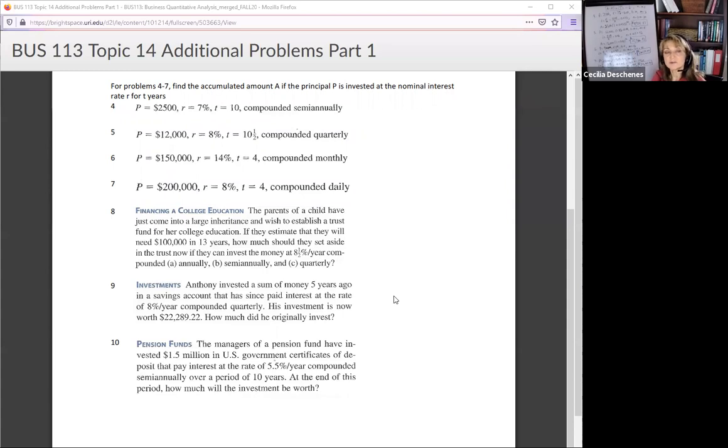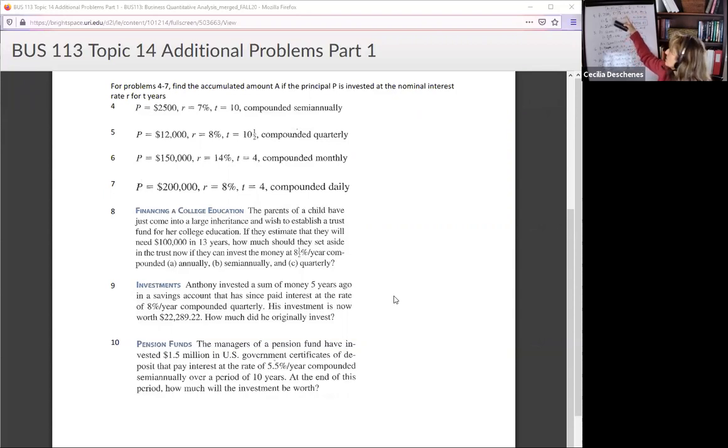They estimate that they will need $100,000 in 13 years from now into the future. How much should they set aside in the trust now if they can invest the money at 8.5% compounded? And we're given some options: annually, semi annually, or quarterly. So we're going to continue.